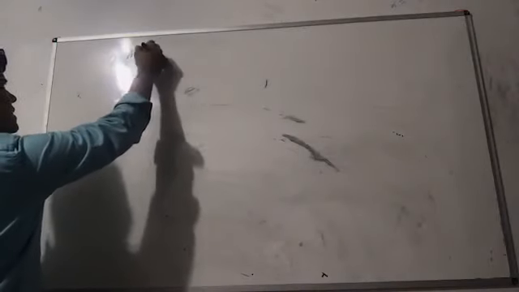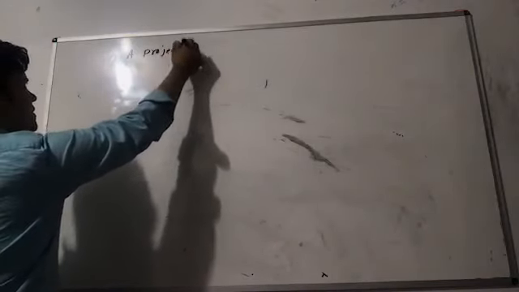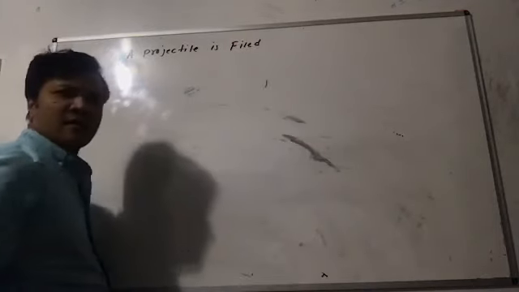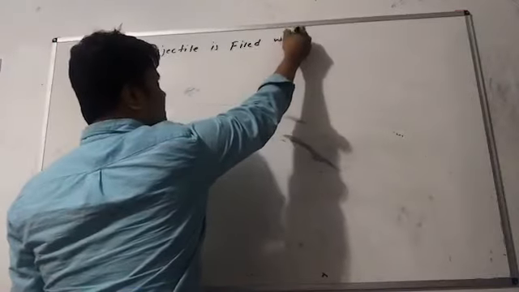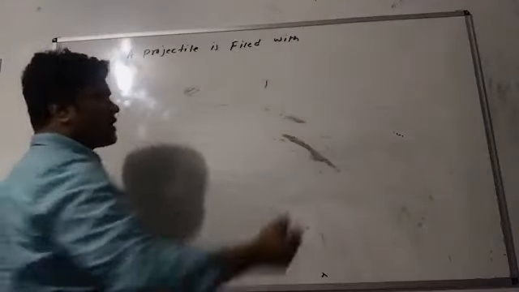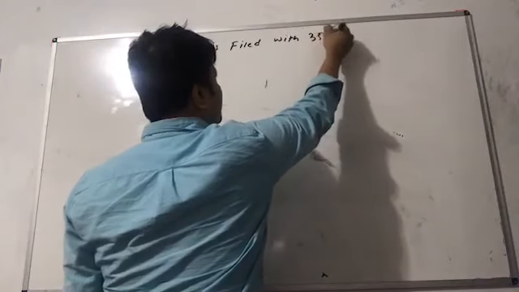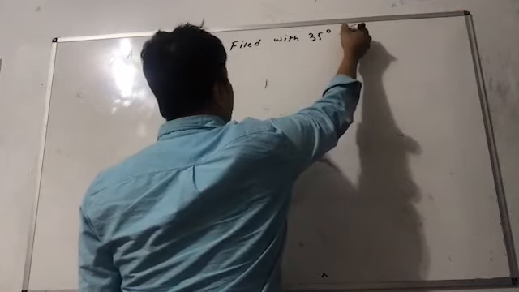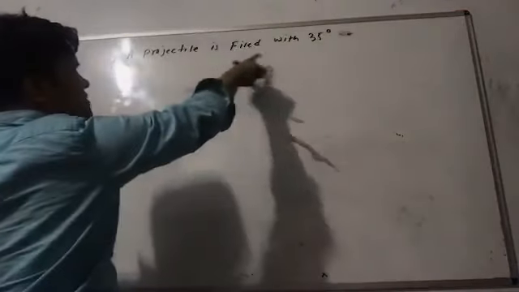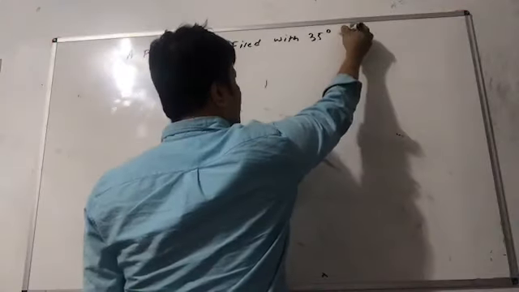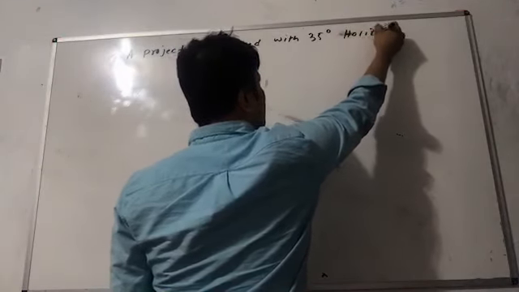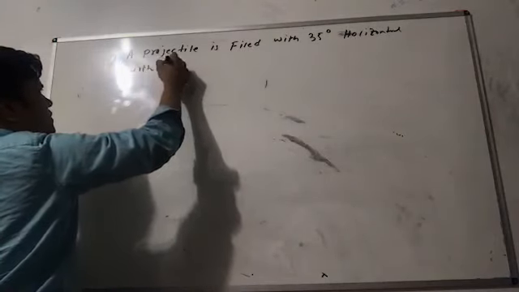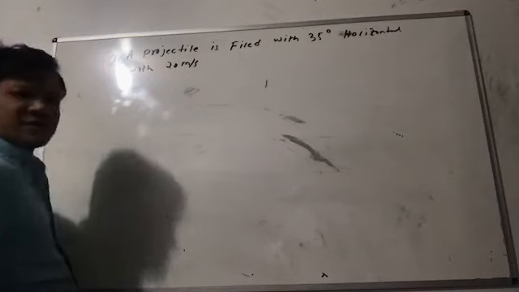A projectile is fired with, let's say, a 35-degree angle horizontal, with a velocity of 20 meters per second.